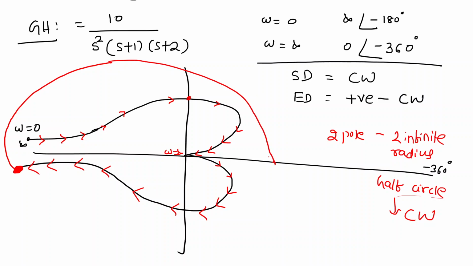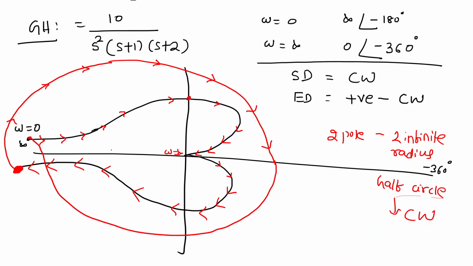This one half circle is completed. Direction is always important, so give the direction. Because this is a closed path, you cannot stop here, because you have to make another. Two infinite radius means two half circles, so one you already covered. Another from the same point you cover and reach the original point. At which point you started, the same point you are ending.